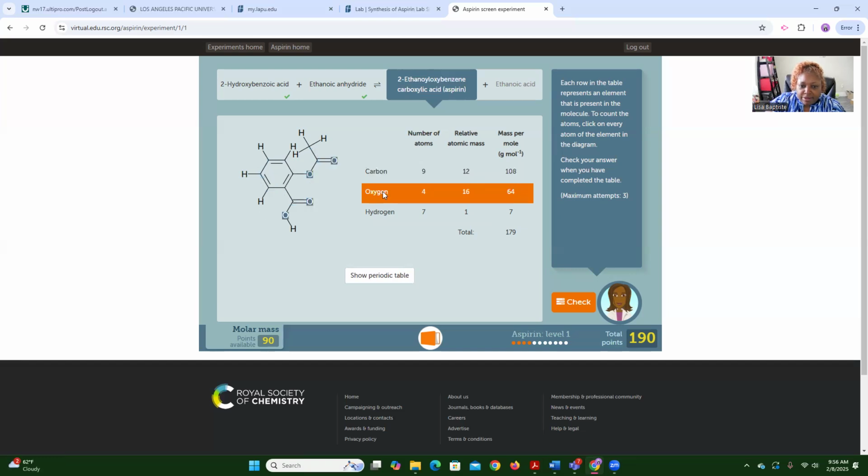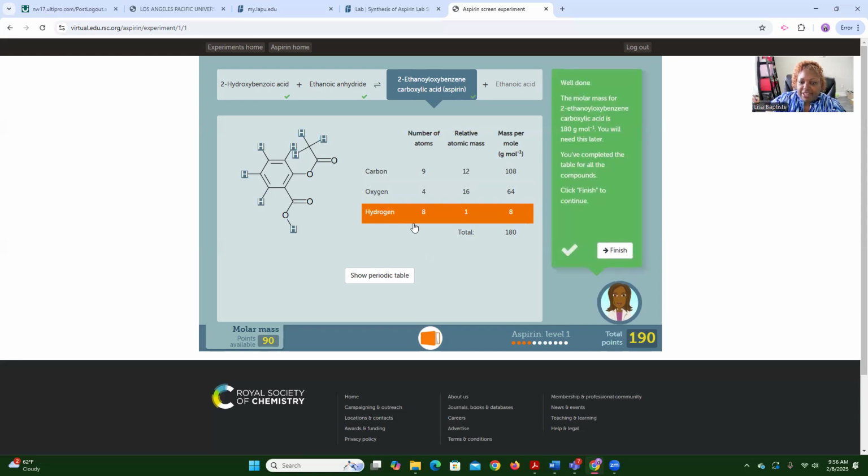And then we go to our oxygen, and we have our 4 oxygen. We go to our hydrogen and see we missed a hydrogen. So we click that, and then we check again, and we got them all right. Each time you miss something, it'll deduct points. Each activity is worth 100 points.